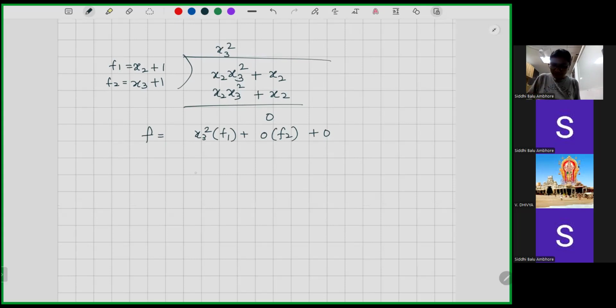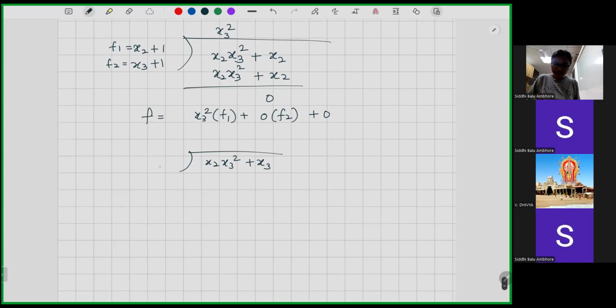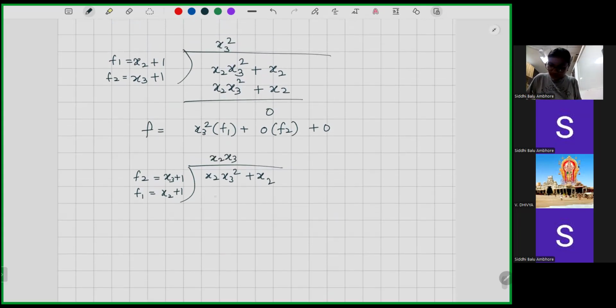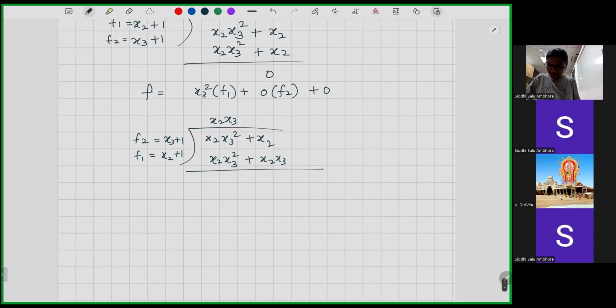But if I divide this same polynomial by x3 plus 1 first, with f2 as x3 plus 1 and f1 as x2 plus 1, and subtract, I get x2 x3 plus x2.